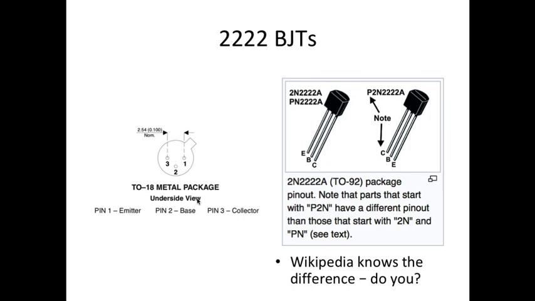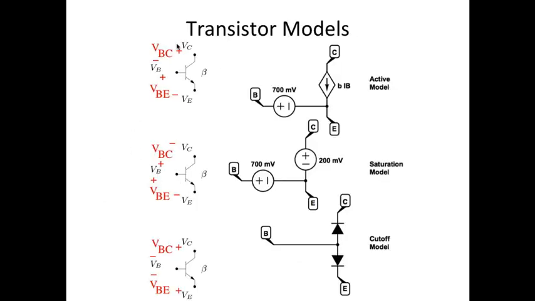This is the underside view, so you have to flip it upside down, look at it, and say, oh, okay, it's emitter, base, collector going clockwise, and then flip it back around and remember that the emitter is closest to the tab. When you have it right side up, this is backwards from the symbol that we draw.